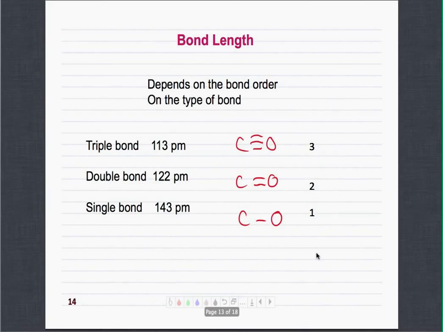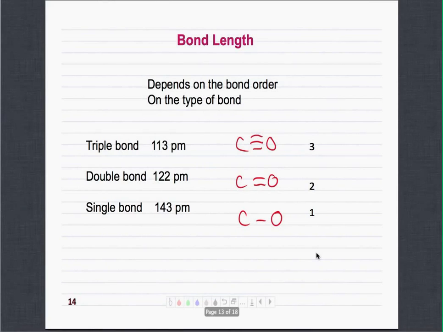So take a minute and look at the numbers. As the bond order is increasing, is the length decreasing or increasing? So clearly, as the bond order is increasing, the length is decreasing.